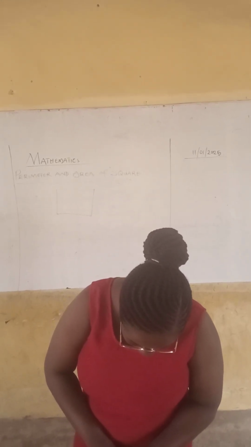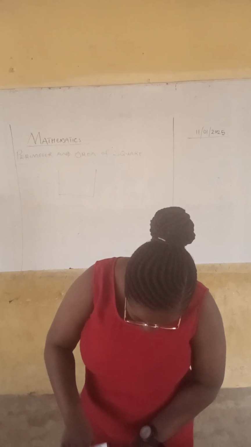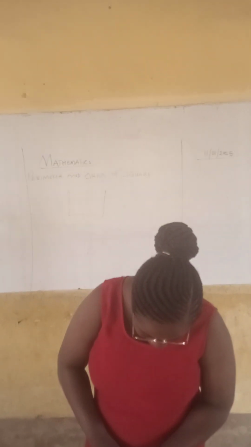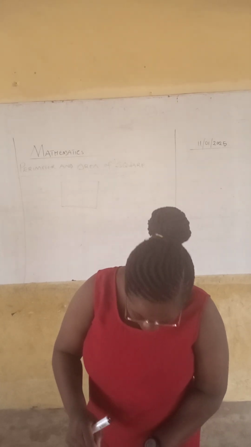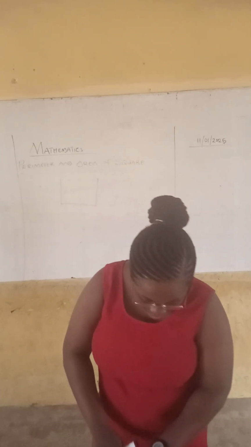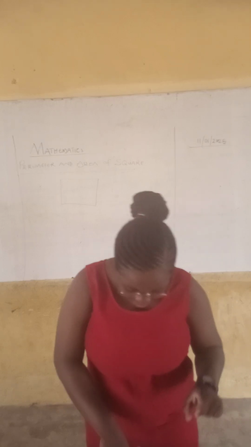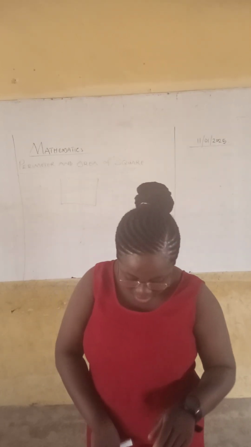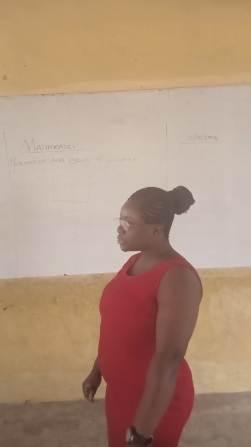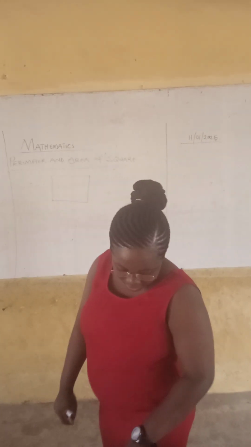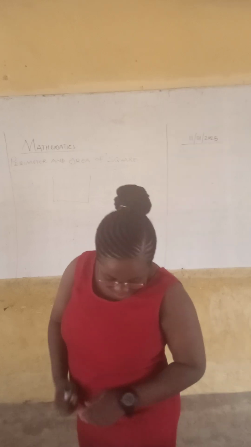And the diagonals are equal and bisect each other at right angles. And one thing we have to know is the diagonals also bisect the opposite angles. And a square has 4 lines of symmetry.